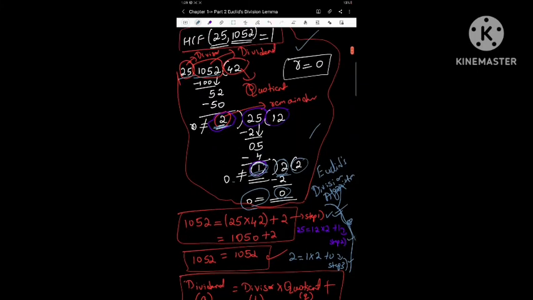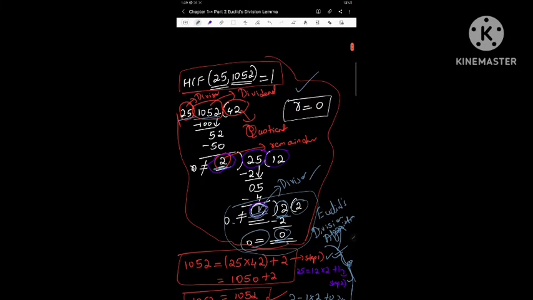So this is our divisor for this process. Whenever the remainder becomes 0, the divisor at that stage, that is 1, is the HCF of our numbers. So we can see the HCF of 25 and 1052 is 1. So this is clear, right?